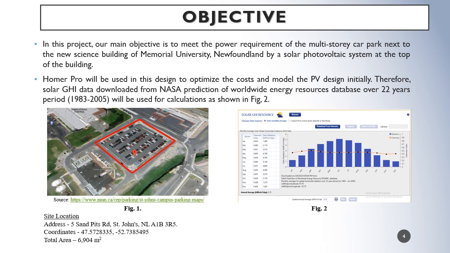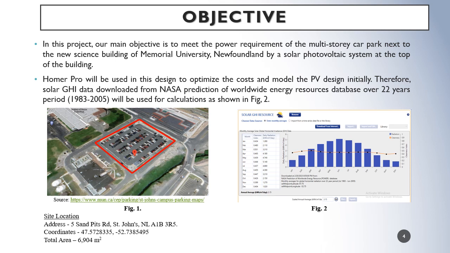Now, it is to be done by the Homer Pro software, as we know that this software specifically provides various feature and easy access to the data of the GHI data, whether it is the solar data from the NASA prediction of worldwide energy resources based on the 22 years of the past recorded data.